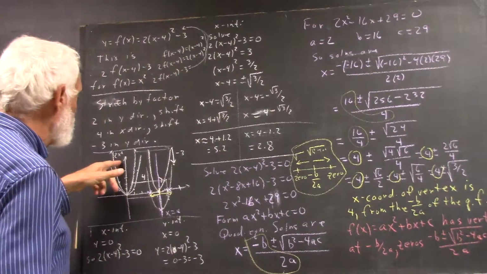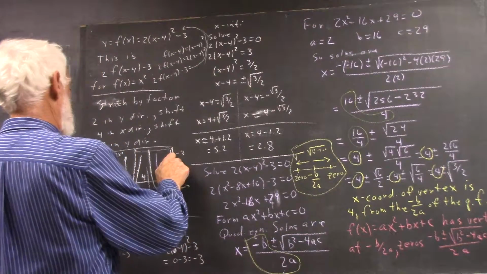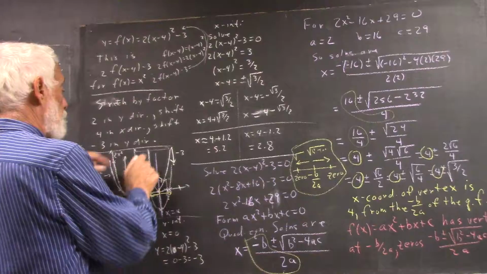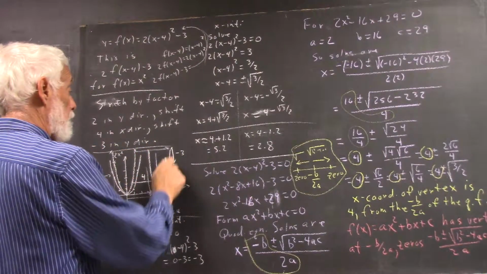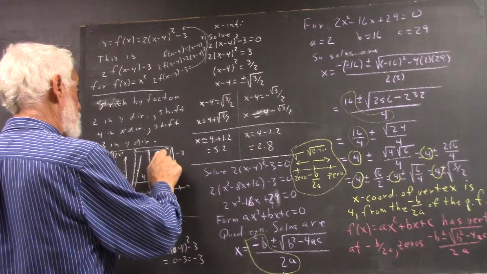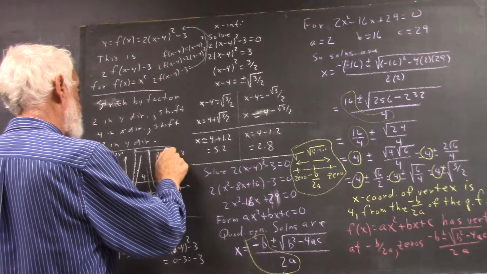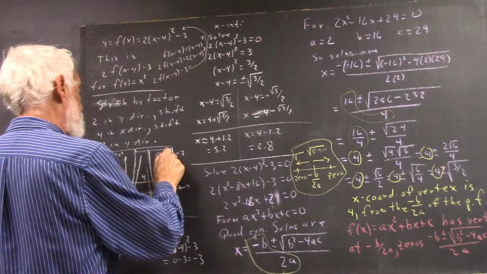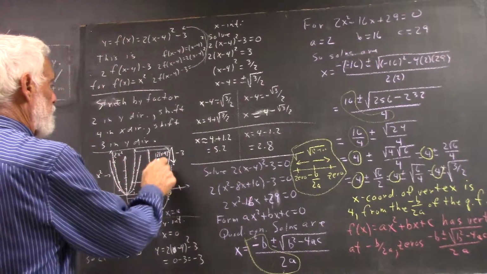Then we replace x by x minus 4, so we get this graph moved over 4 units. Every point of this graph moves over 4 units to give us a point of this graph. And this is our graph of 2 times the quantity x minus 4 squared.